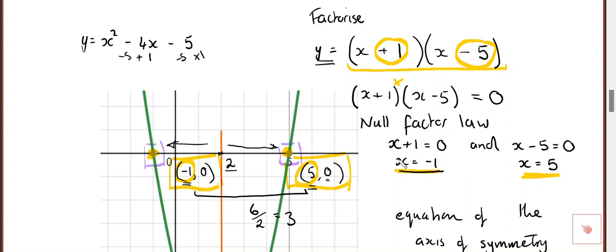What must x be? -1, because -1 add 1 makes 0. What minus 5 makes 0? 5. 5 minus 5 makes 0. So x has to be 5. So it's not just that it is the opposite, there is a reason why it is the opposite.